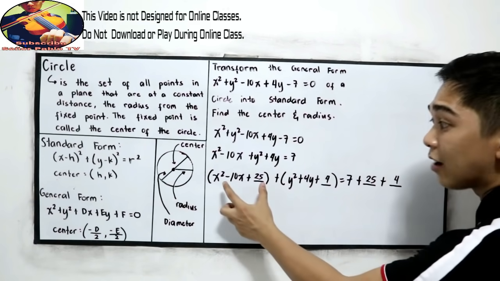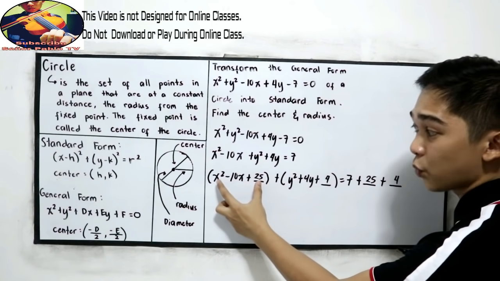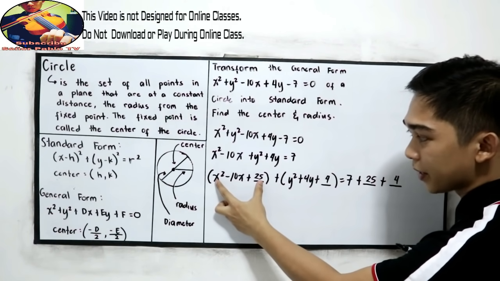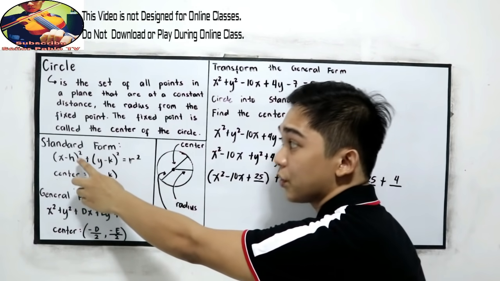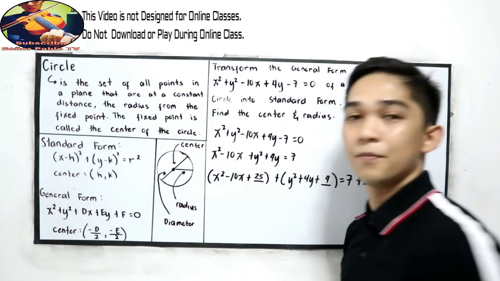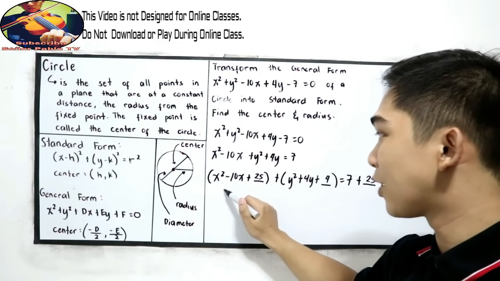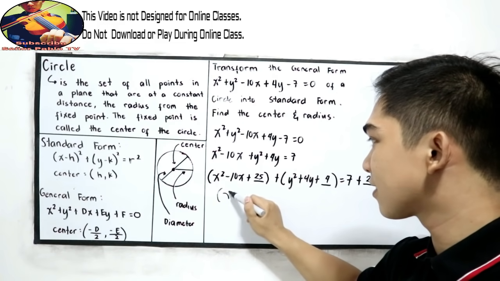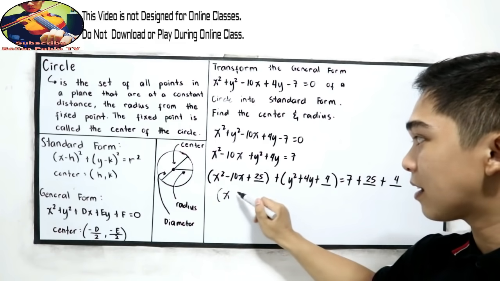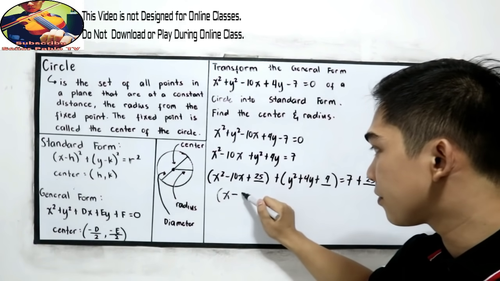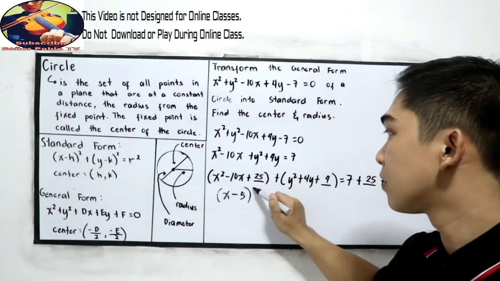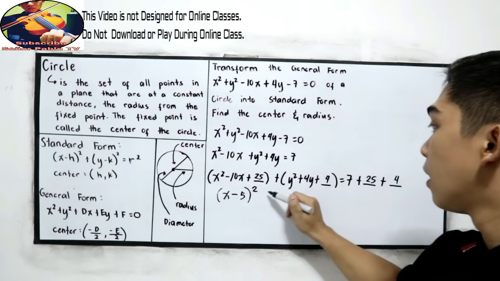Okay, now we have a perfect square trinomial, and we're going to write it as a square of a binomial. So that is x, copy the sign of the middle term, minus, square root of 25, that is 5. Then write square.